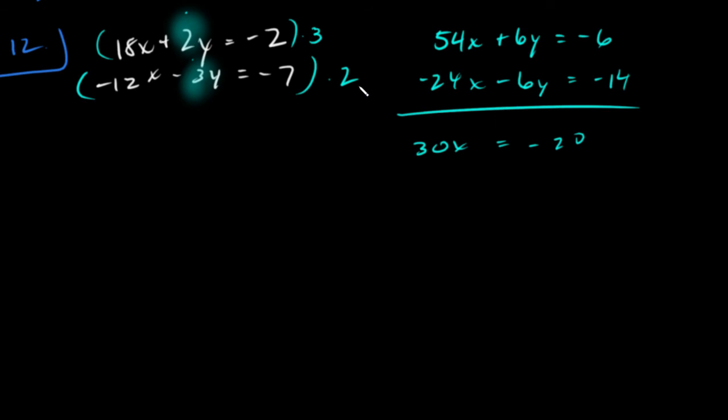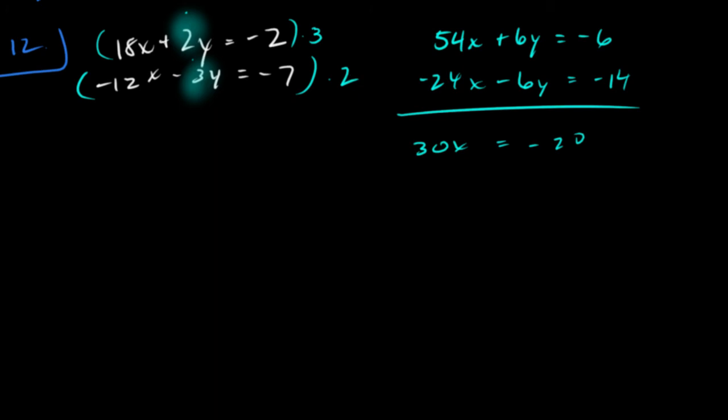I don't think this is right. 20, 40, 60 minus 6. Is that right? Did I do the problem right? 18, 2, negative 2. Negative 12, negative 3, negative 7.